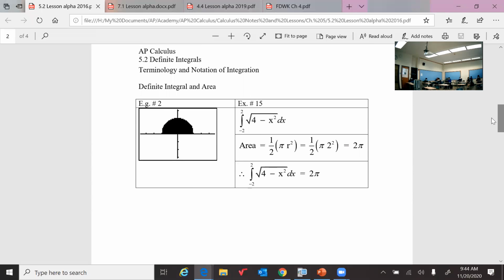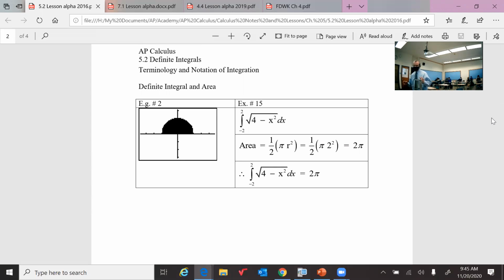Okay? So we're going to go to example 2, and here's what's going on in this section. Actually, I want to do one thing before example 2. But here's what we're doing. We're not using any calculus. We're doing areas that you can do with geometry and just go into the calculus notation.